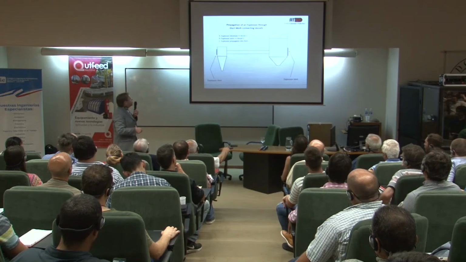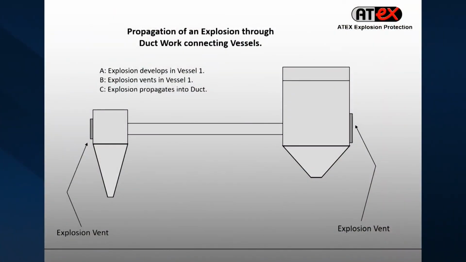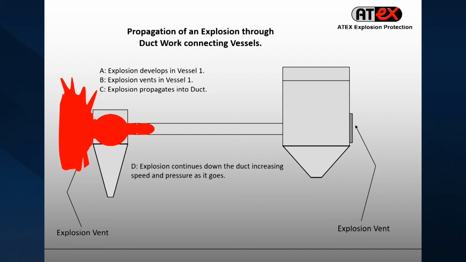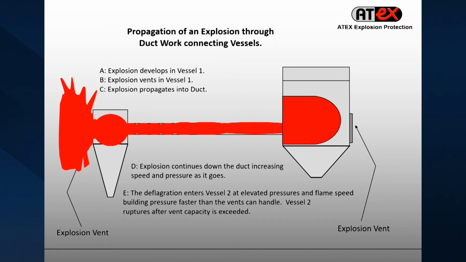If you have two vessels connected to each other and you have an explosion in the first vessel, the vent is designed properly so the vessel will vent to the outside. But if you allow the explosion to accelerate in the duct, you start pressurizing the second vessel, which means your resulting pressure is much higher. You also get a so-called flame jet ignition, which goes with high speed into the second vessel, and the flame doesn't slow down again to 5 to 10 meters per second.